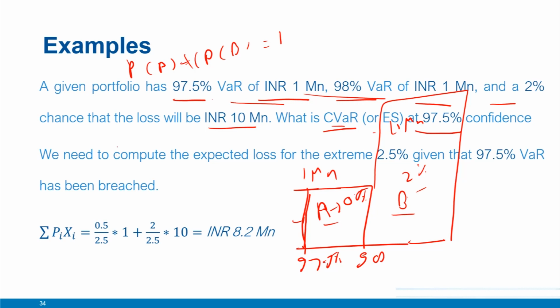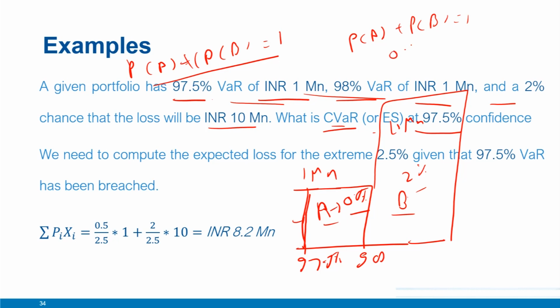How to achieve this? The idea here is to make this summation 1, and therefore we need to standardize these probabilities on a scale of PA plus PB, because this new PA plus PB is supposed to be 1.